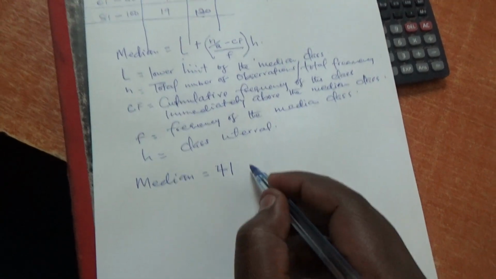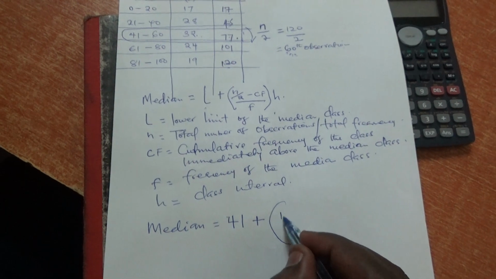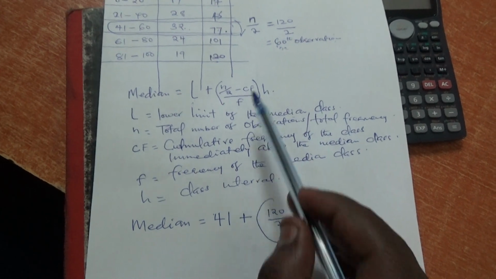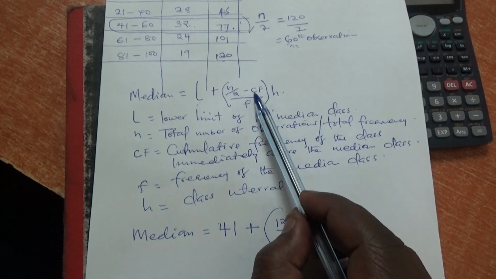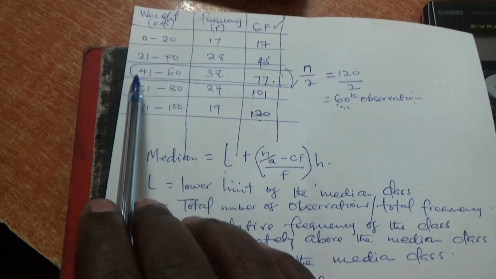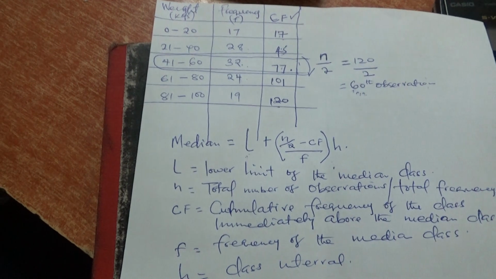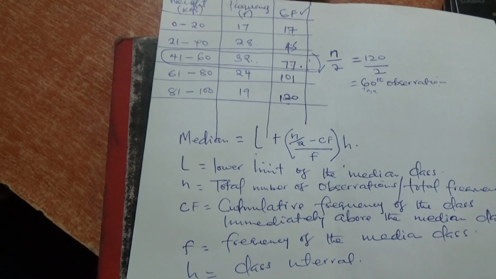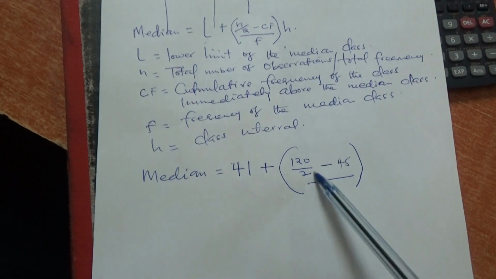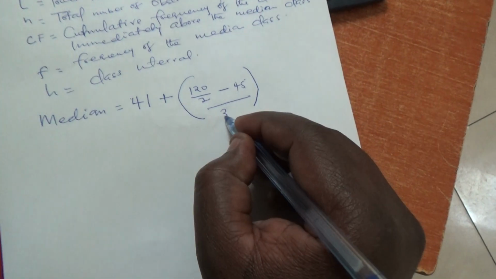The value of N is 120, divided by 2, minus the cumulative frequency of the class immediately above the median class, which is 45, over F. F is the frequency of the median class, therefore it is 32.